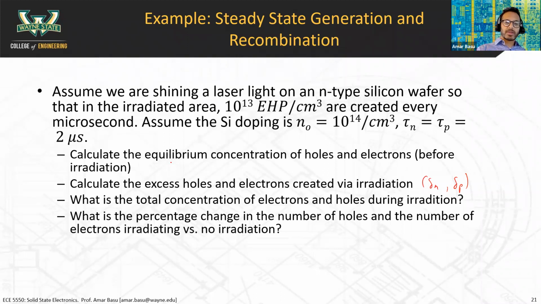This is asking you to calculate N0 and P0. This last part is asking you to calculate N and P, which is the total electron and hole concentration. Then I want you to just compare: how much did the hole concentration change, and how much did the electron concentration change before and after irradiation?